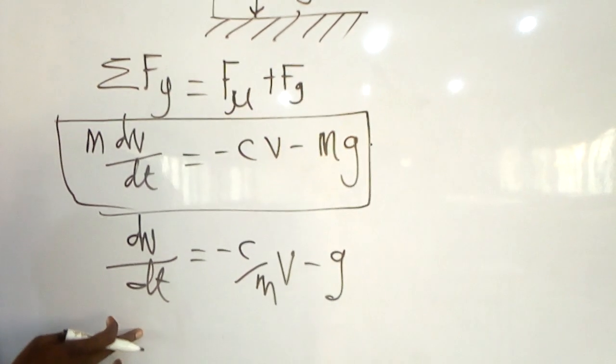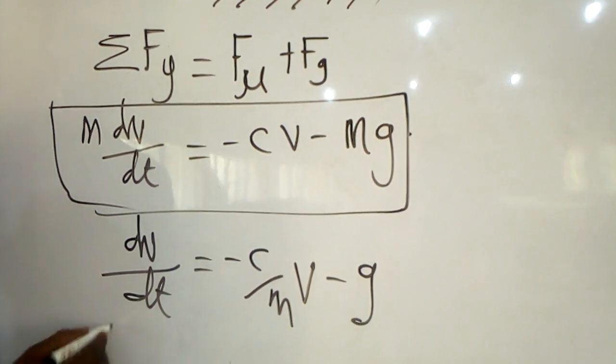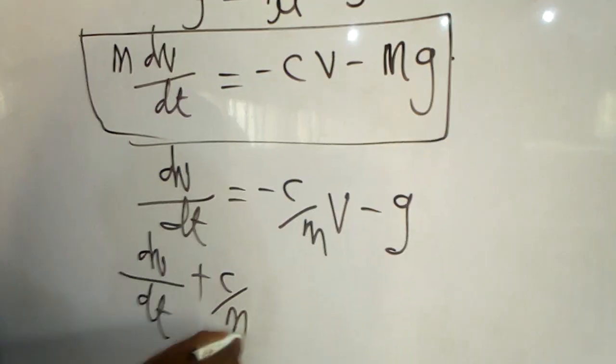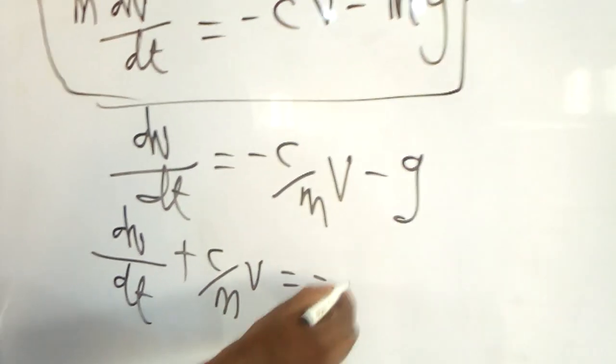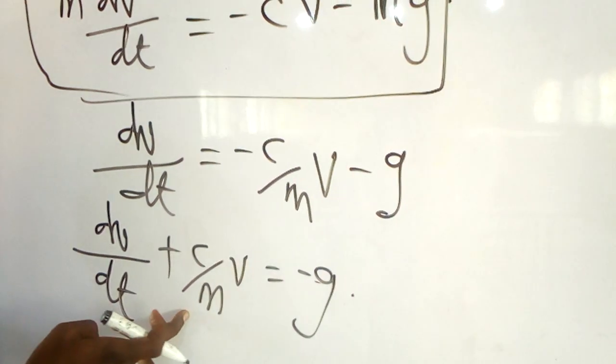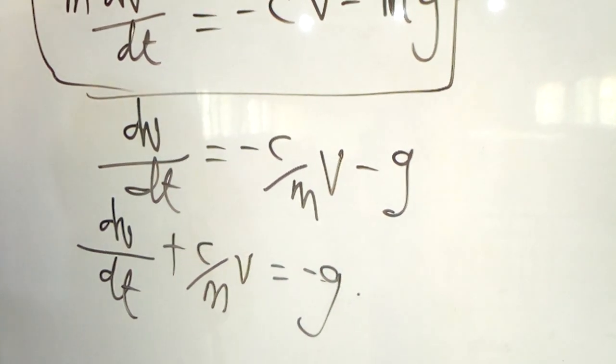Crossing to this other side, if we prefer, or making it a linear first order differential equation, we have dV/dt plus c over m v equal to minus g. Take note that as it's crossing, it turns to plus. The linear first order differential equation has emanated.